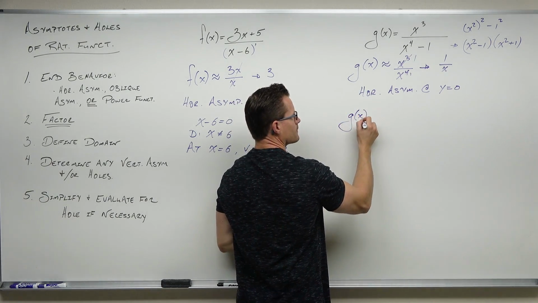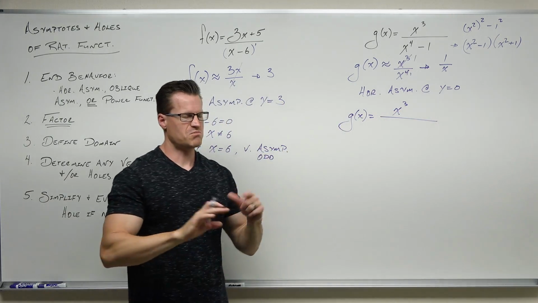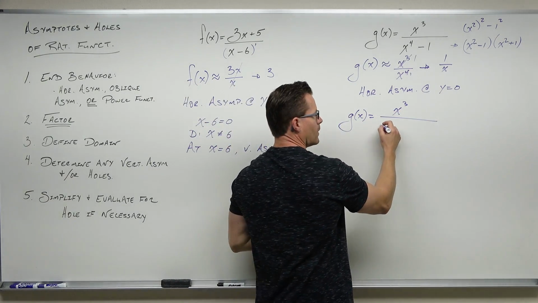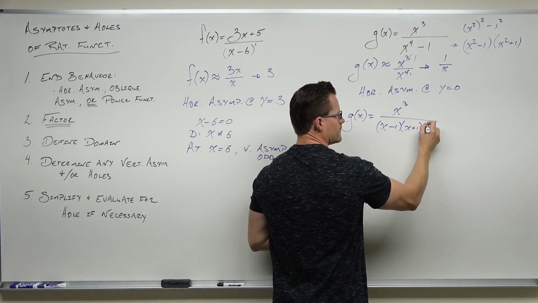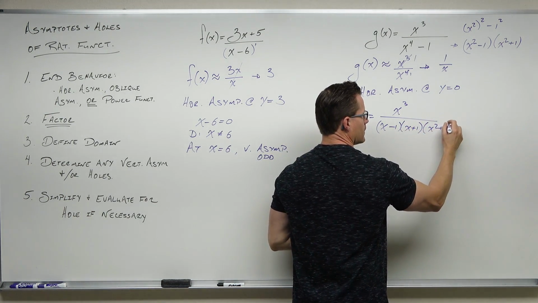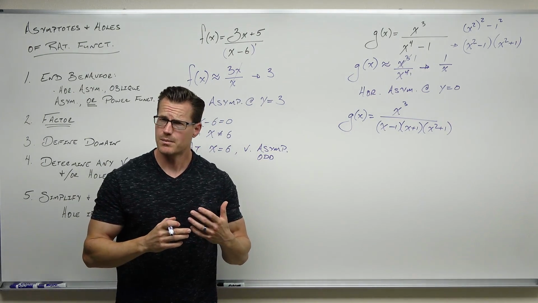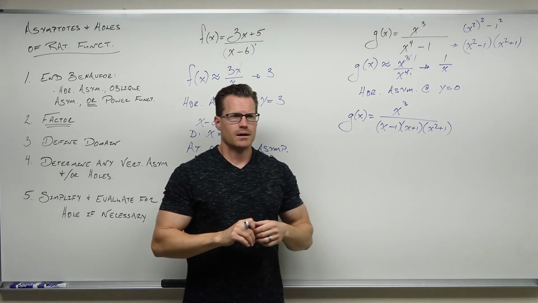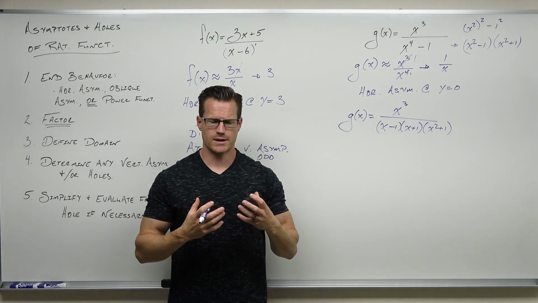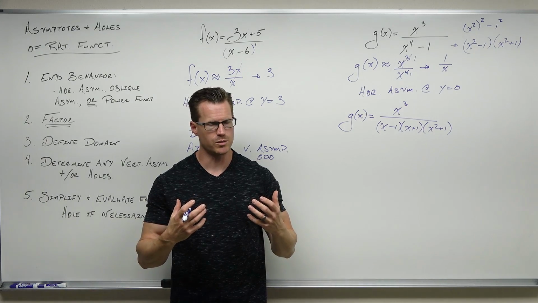function becomes x cubed, already factored, over x minus 1, x plus 1, and x squared plus 1. Now, if you remember, this exact factoring was when we talked about complex solutions to these polynomials.